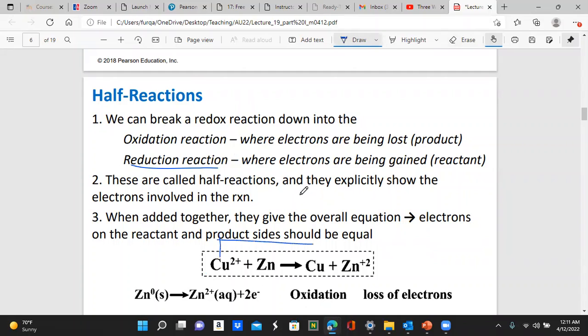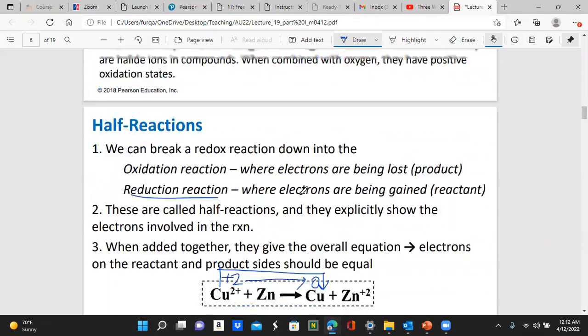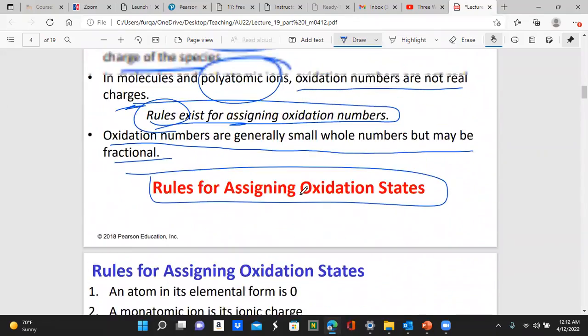If I look at copper, from copper 2 plus to the elemental form, the oxidation state of all these atoms is 0. So what is happening? The oxidation state here is plus 2, and here it is 0. So from plus 2, it's going to go to 0. So the oxidation number is reducing. Let's go back and see what is the definition.